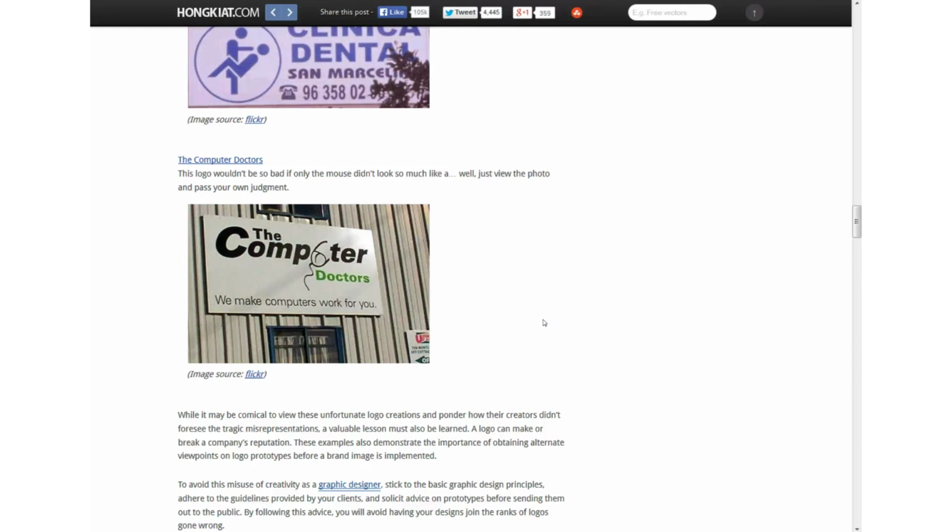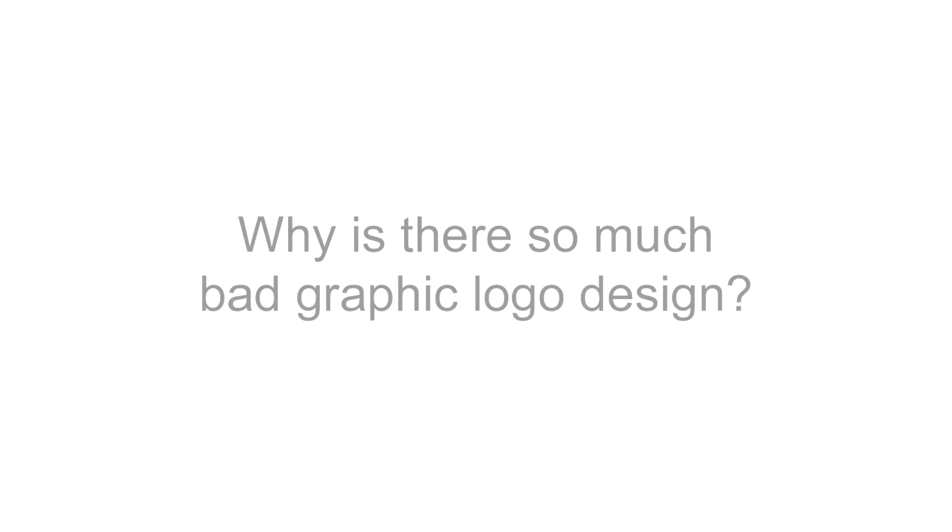Absolutely. Why do you think there is so much bad logo design? Good question. I think from the outset, clients need to be more clear when they talk to their designer about exactly what they want, the messages they want to get across.